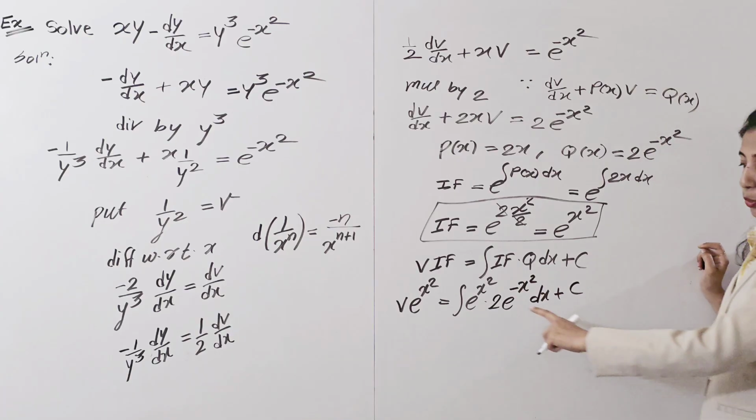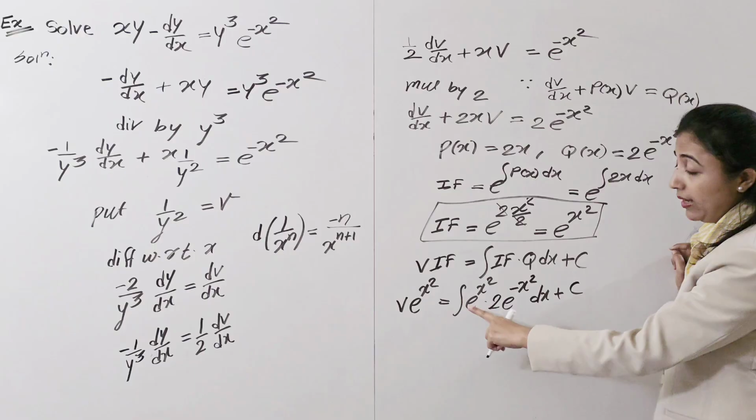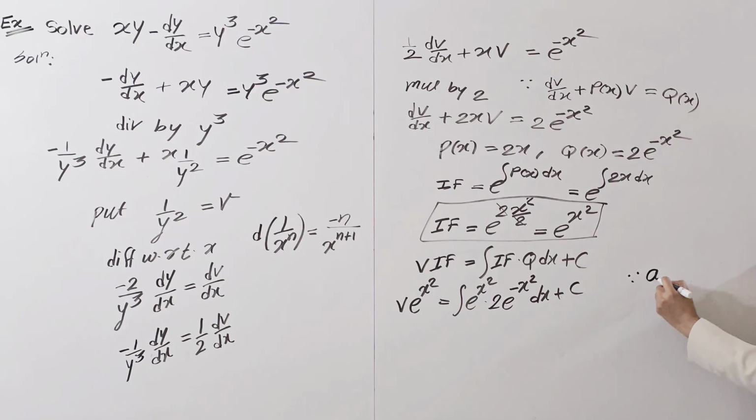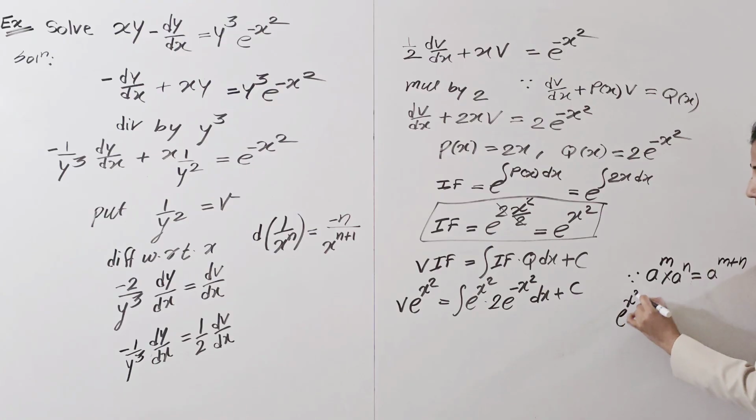Now see here, this 2 is constant, we can take it outside, and both are powers of e. So we know that a power m into a power n, we can add their powers. Here e power x square and e power minus x square, so plus minus addition becomes 0.